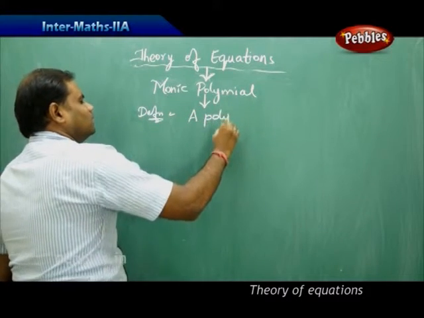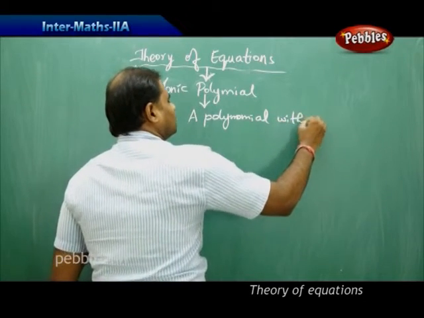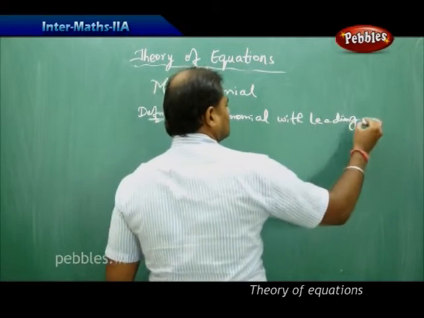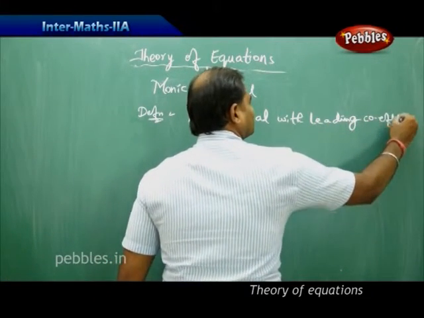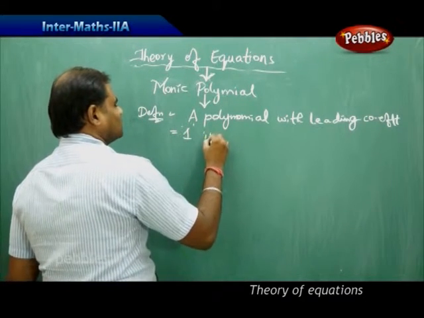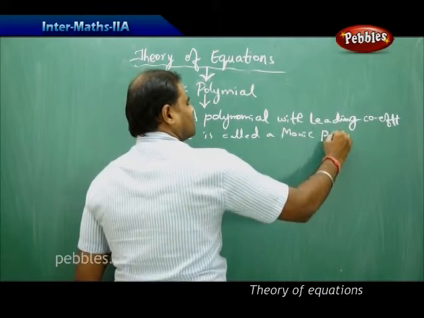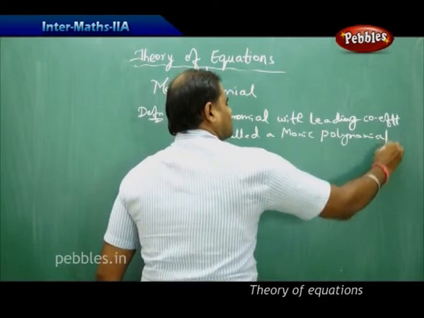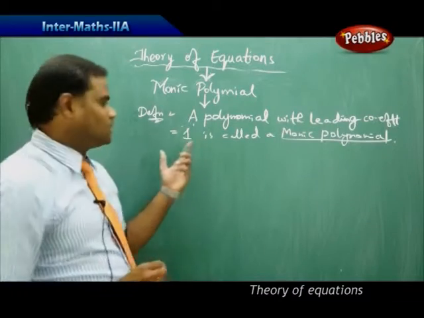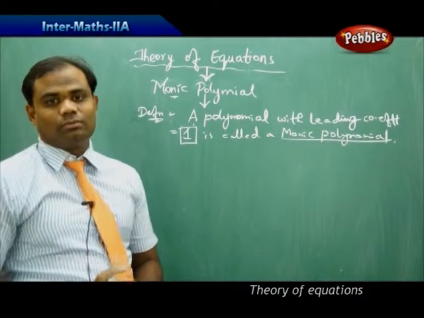A polynomial with leading coefficient equal to 1 is called a monic polynomial. So here the leading coefficient must be equal to 1 is the condition for a monic polynomial.